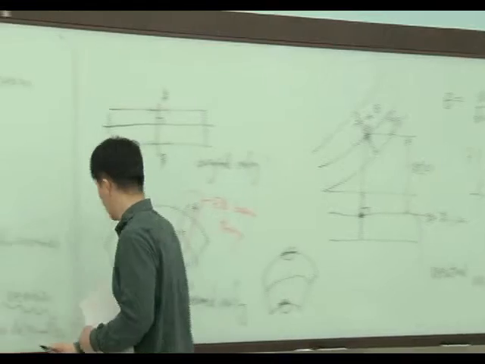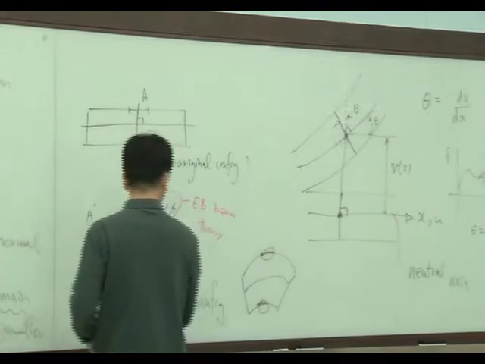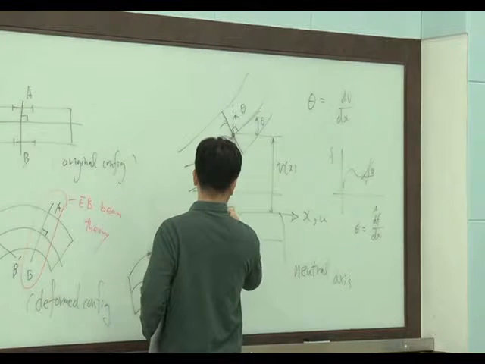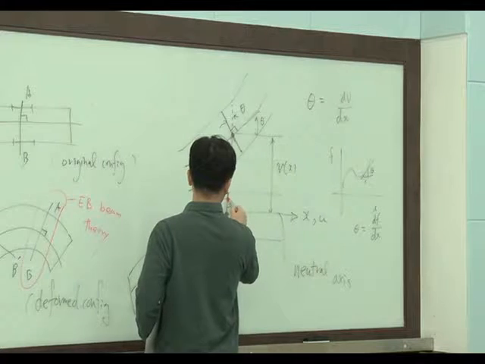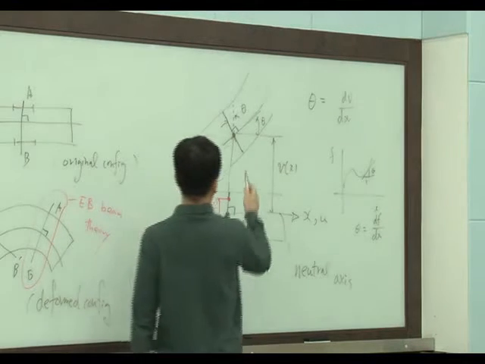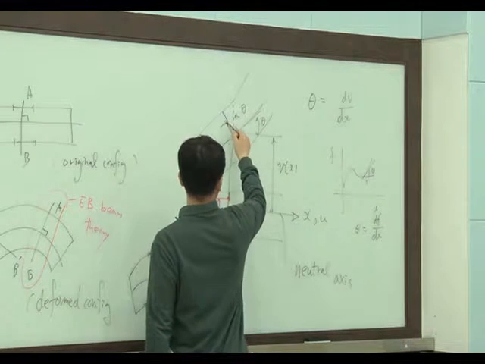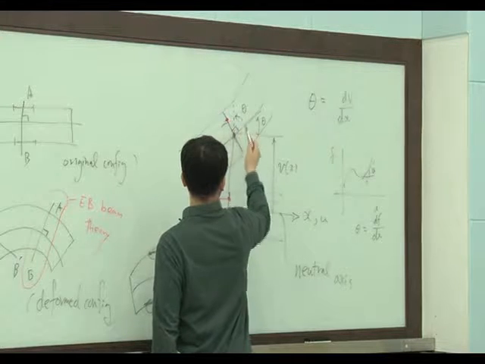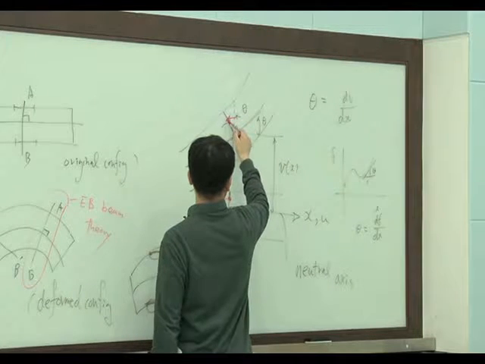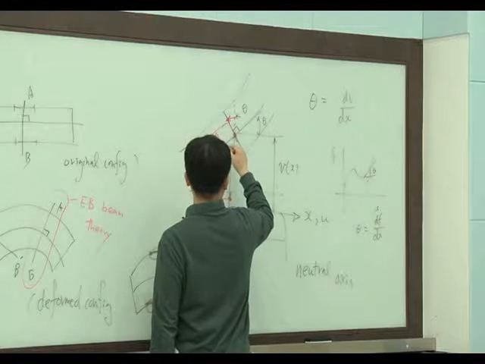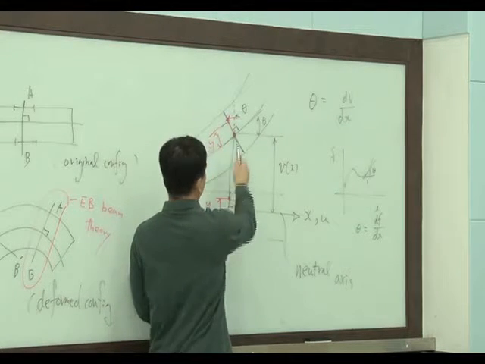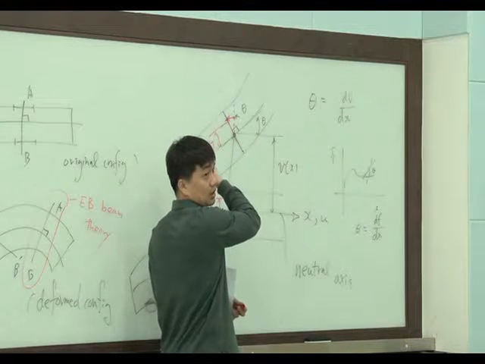Then let's calculate the displacement in the x direction at some position y here. Let's calculate the displacement at this point. So actually, because of the rotation, this red point goes back, right?